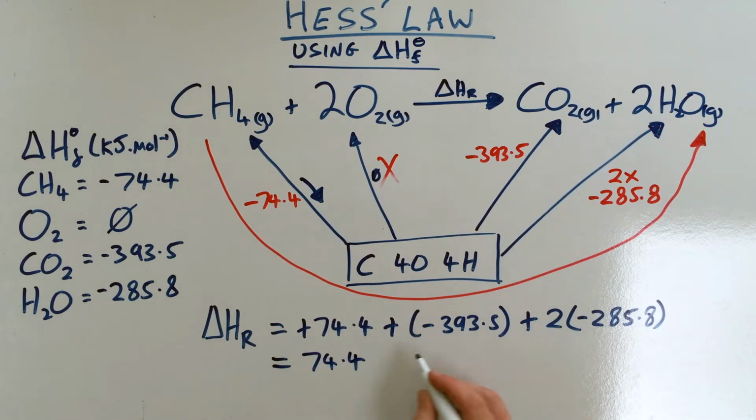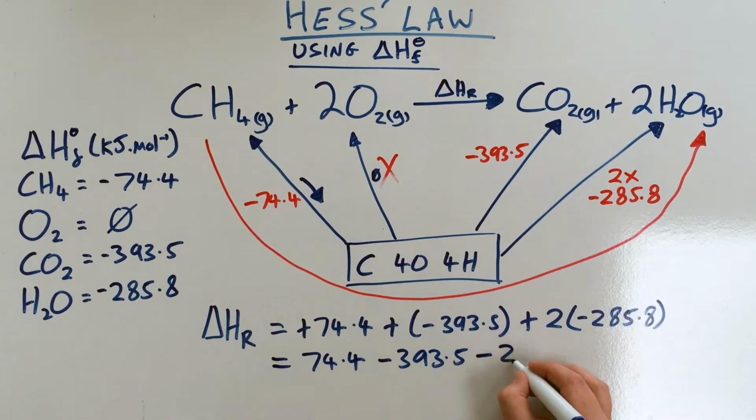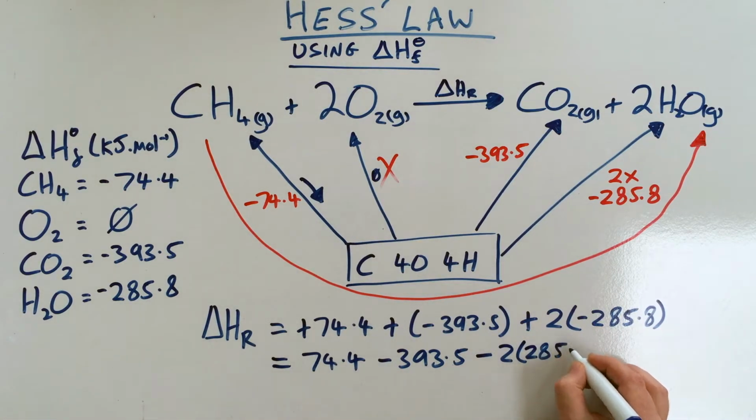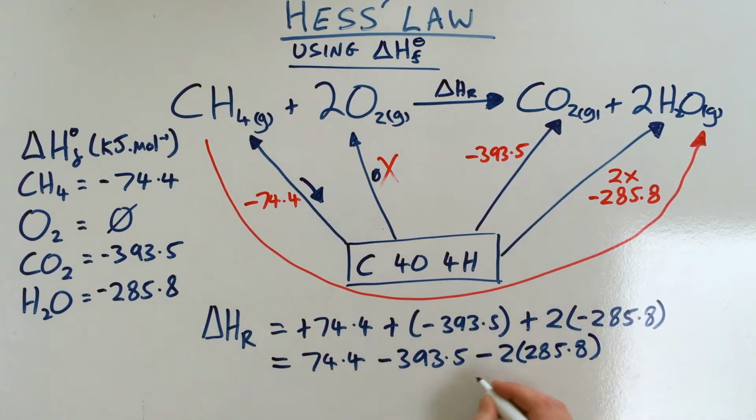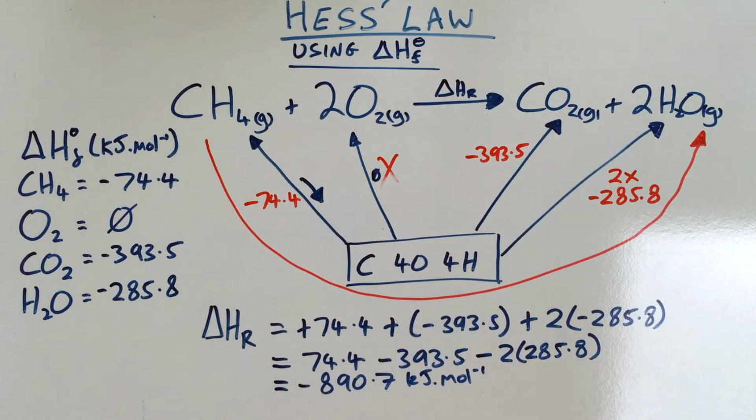And then plus minus, well, that's just minus 393.5. And then plus minus again, so that's basically minus 2 times 285.8. And what we should get is minus 890.7 kilojoules per mole. So that's how you work these out using delta HF.